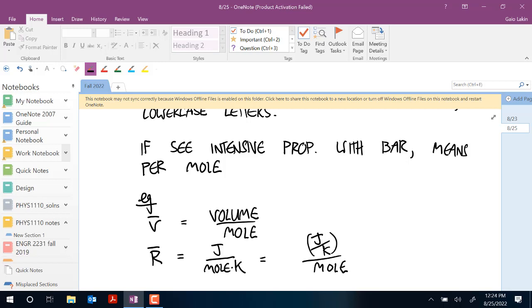You can still use the ideal gas law with the R without an overbar, but you need to use a constant that's specific to the gas that you're using. With Boltzmann's constant, you use number of particles as opposed to lowercase n, which is the number of moles. Yeah. Great.